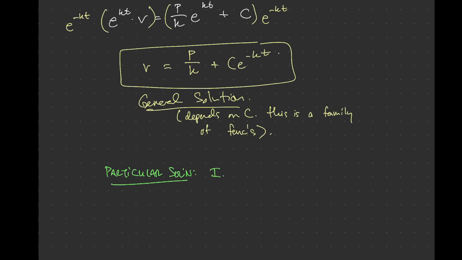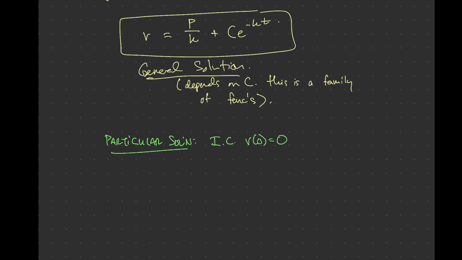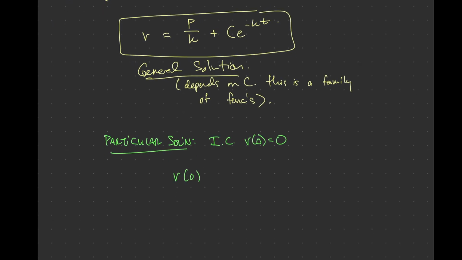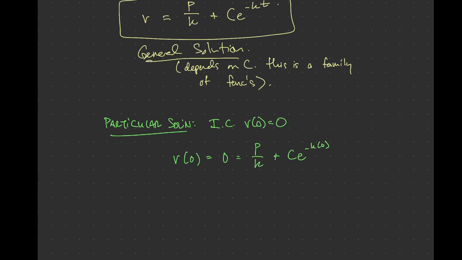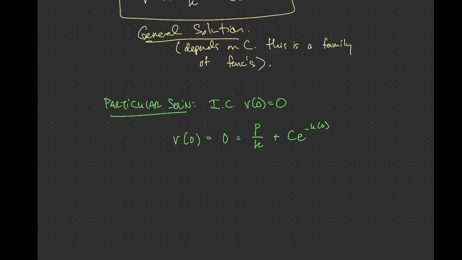we said our initial condition was v of 0 equals 0. Then this tells us that v of 0 equals 0, which is p over k plus c e to the minus k times 0. E to the 0 is just 1, so this tells us that c must equal negative p over k.